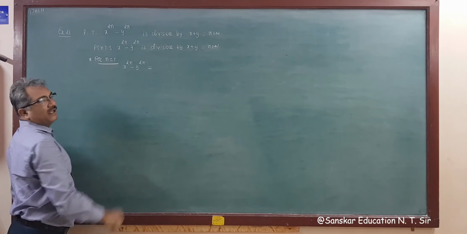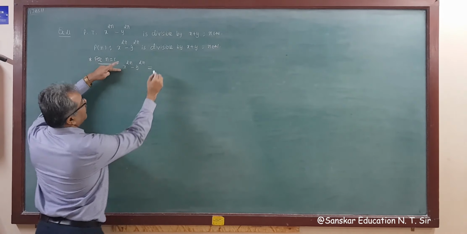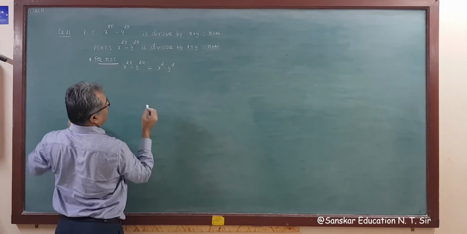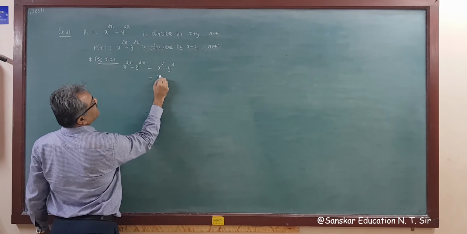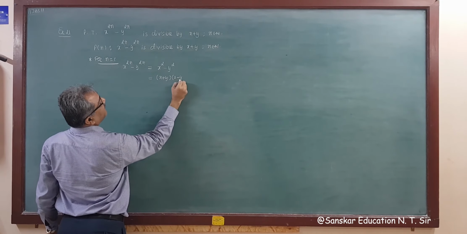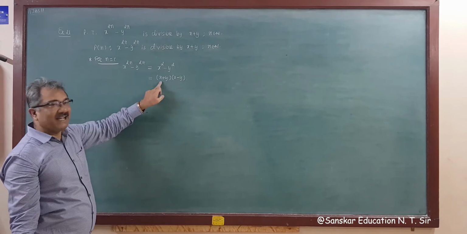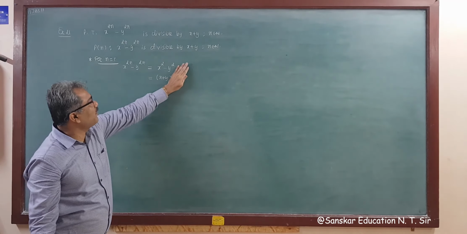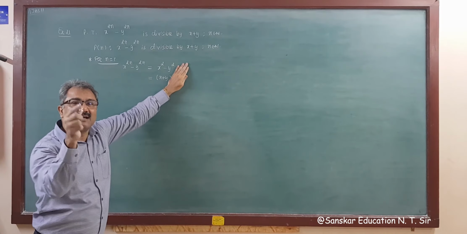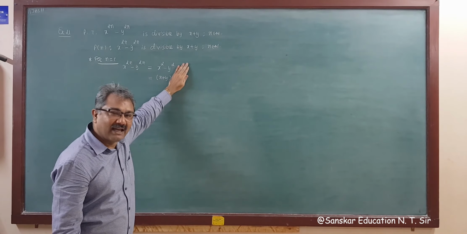If we substitute n equal to 1, what is the answer? x raised to 2 minus y raised to 2, right? And you know the factors of this: x minus y and x plus y. So x plus y is there in the multiplication. That means that number is divisible by x plus y.